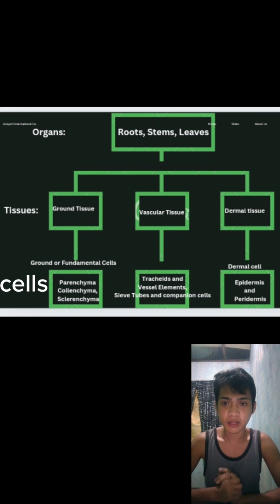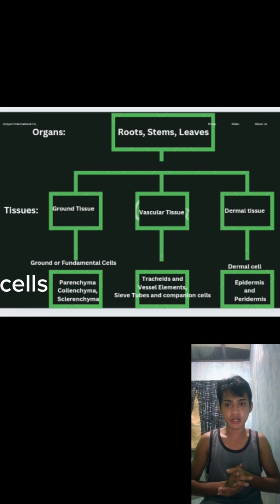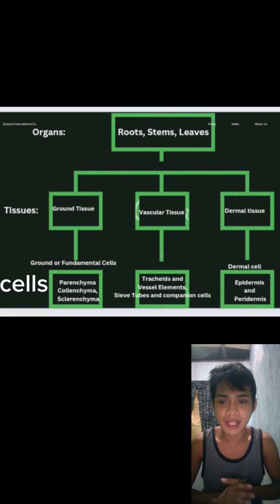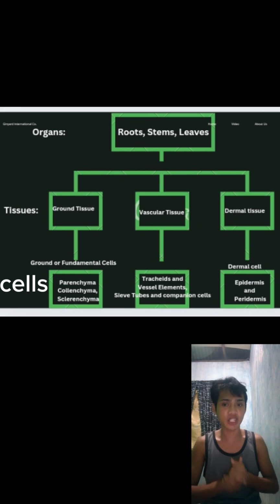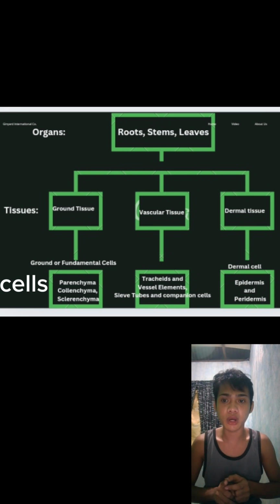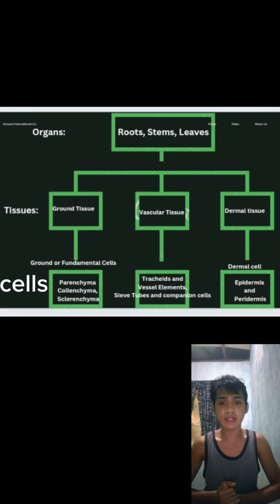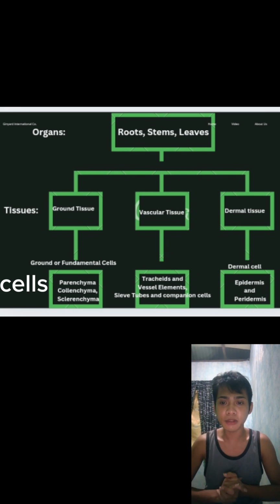Ground tissue makes up the bulk of the plant and provides support, storage, and photosynthesis. The vascular tissue transports water and nutrients throughout the plant. And last but not least is the dermal tissue. It covers the outer surface of the plant and protects it from the environment.